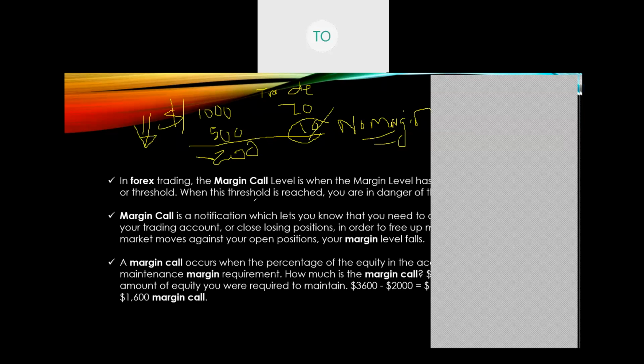So I don't know if I'm explaining that well, but the idea of a margin call is a number that has been placed by the system by which the system will alert you, so that you can add more money or you can remove some losing trades.